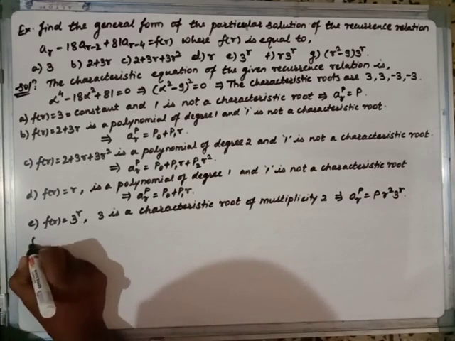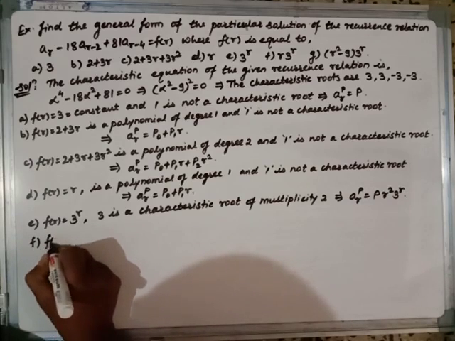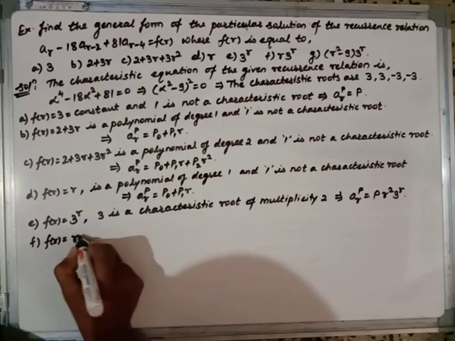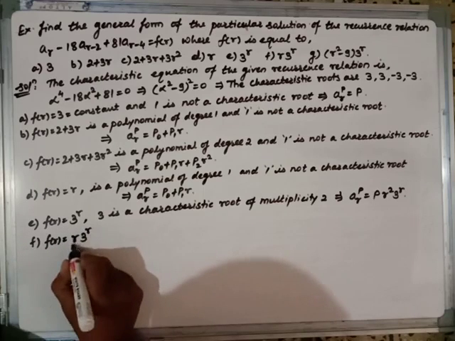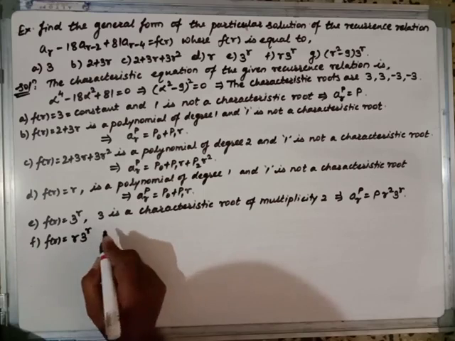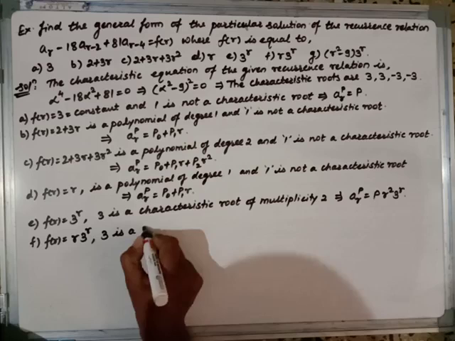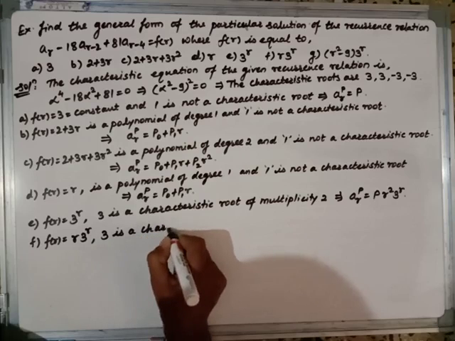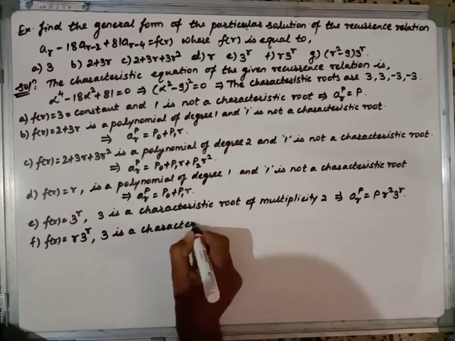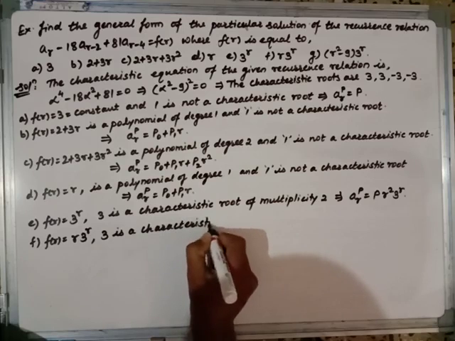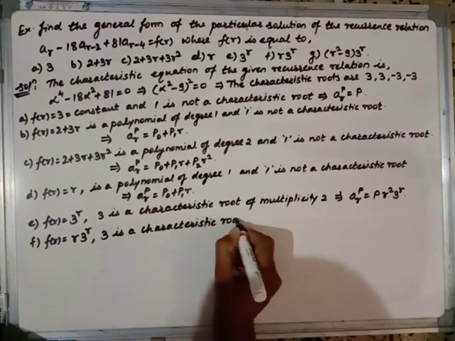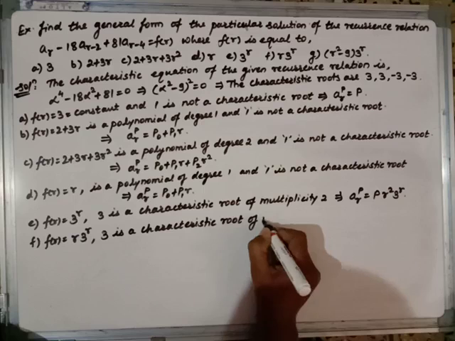Next, f of r is r times 3 raised to r. So it is a polynomial into lambda raised to r, where lambda is a characteristic root of multiplicity 2.